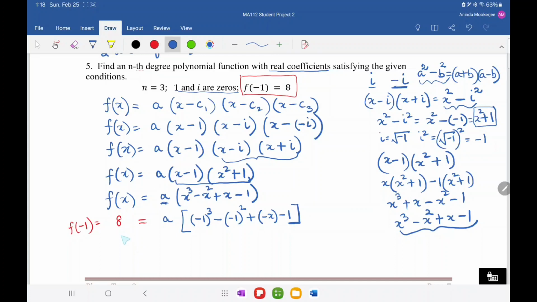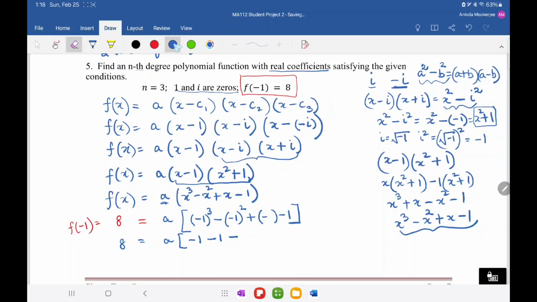So we have 8 equals a times, now negative 1 cubed is negative 1. Negative 1 whole squared is positive 1. Positive 1 times negative 1 is negative 1 minus, oh sorry, I should have replaced that x with a negative 1.